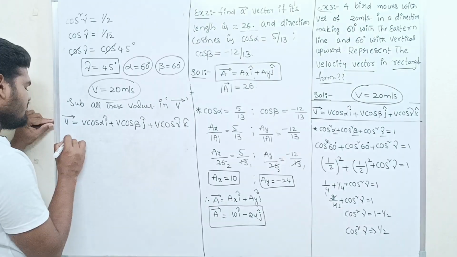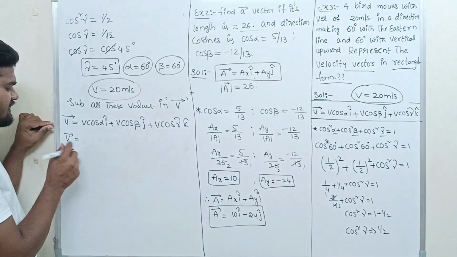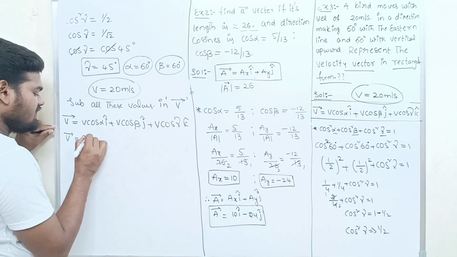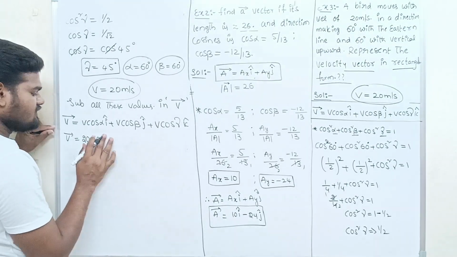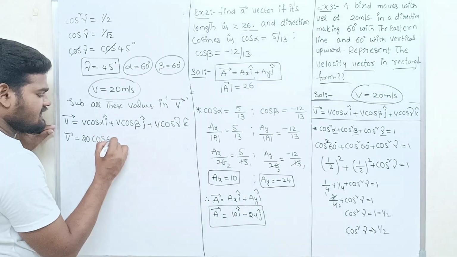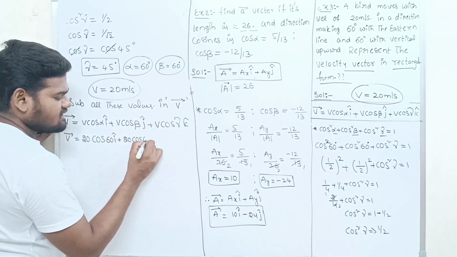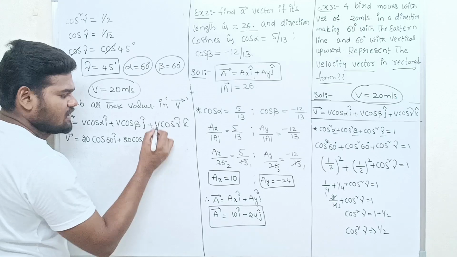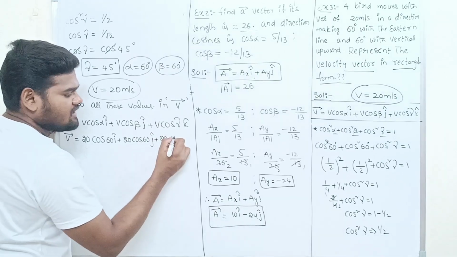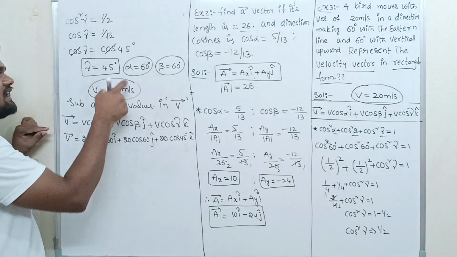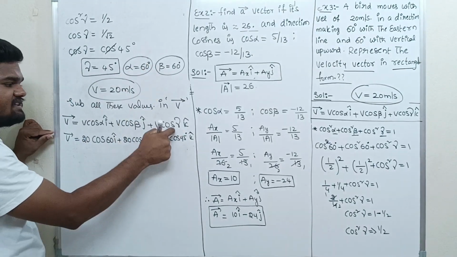Okay, sir. Then V bar is equal to V cos alpha i cap. What is the value of V? 20 cos, what is alpha? 60 degrees i cap, plus 20 cos beta, cos 60 degrees j cap, plus 20 cos gamma, cos 45 k cap. We just substituted the values of alpha, beta, gamma and V in this equation.